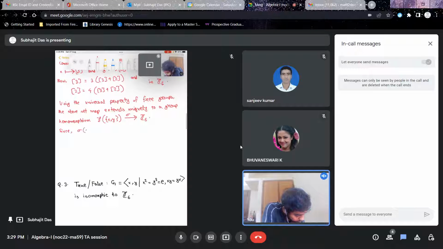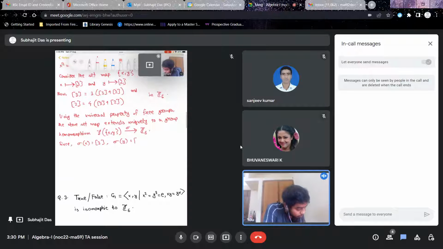So the above map certainly extends to a unique group homomorphism, and since sigma of x is 3, and sigma of y we have taken to be 2, right? The previous set map, which is extended to sigma.